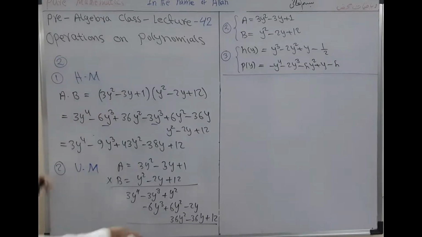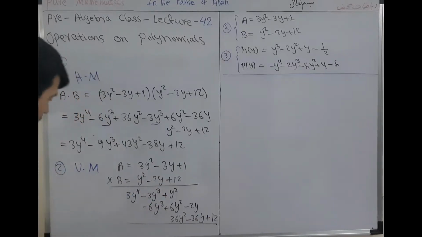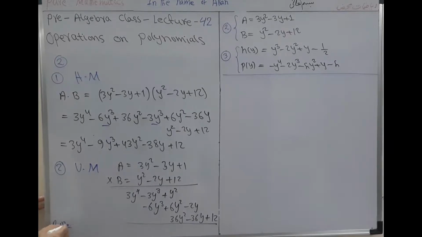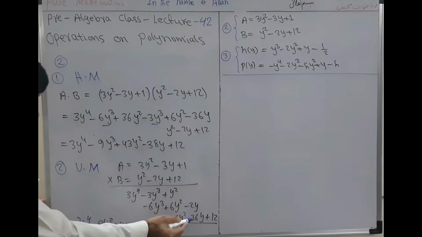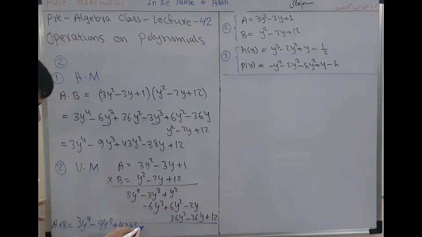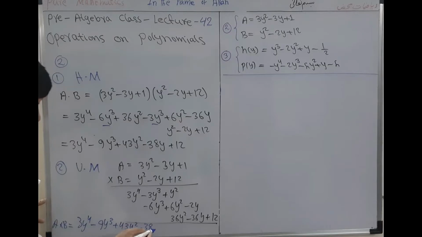Now we want to add these polynomials. We get a into b is equal to 3y to the power 4 minus 9y cubed plus 1 plus 6 plus 36, 43y squared minus 2 minus 36, minus 38y plus 12.